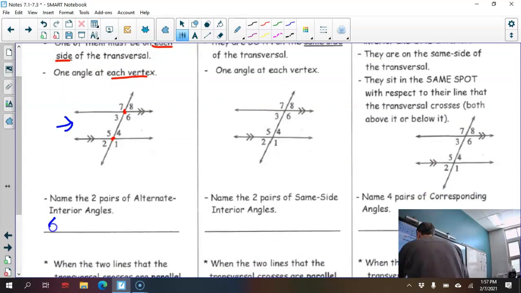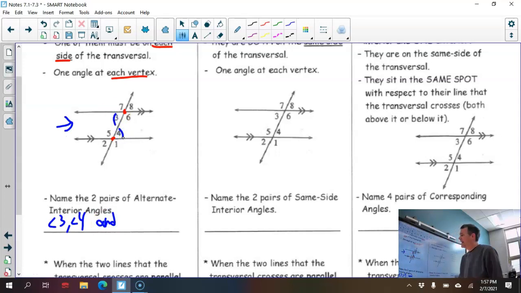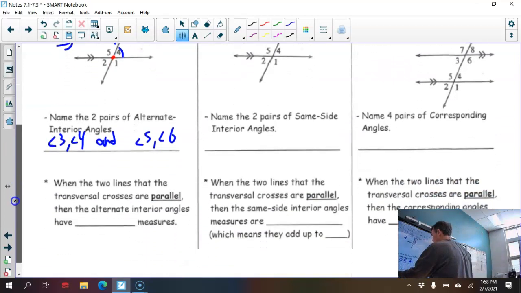That would be angle 3, angle 4 would be 1 pair, right? Those are a pair of alternate interior angles. They're both interior and they're on opposite sides of the transversal. And then, of course, the other pair would be angle 5 and angle 6. So those are your alternate interior angles.